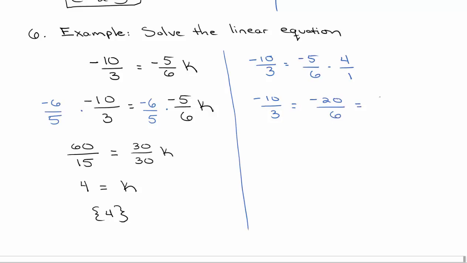And if I factor that out, the prime factorization of 20 is 2 times 2 times 5, over the prime factorization of 6, which is just 2 times 3.